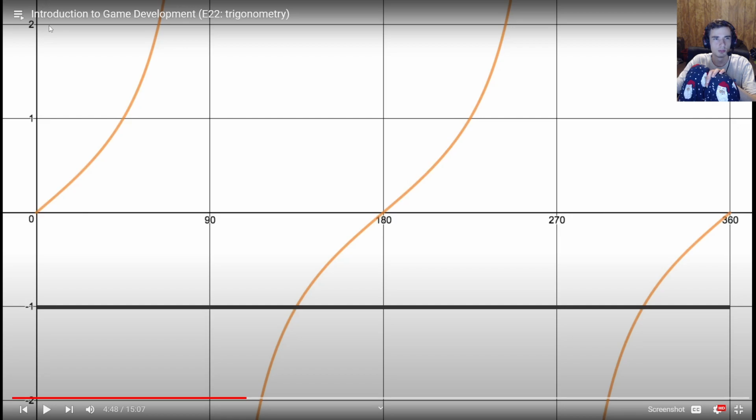Then it would slowly go down to 90, which would be 0 over 1. It would be flipped and then moved over.